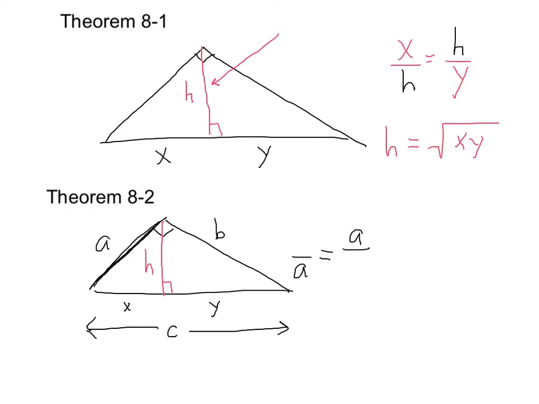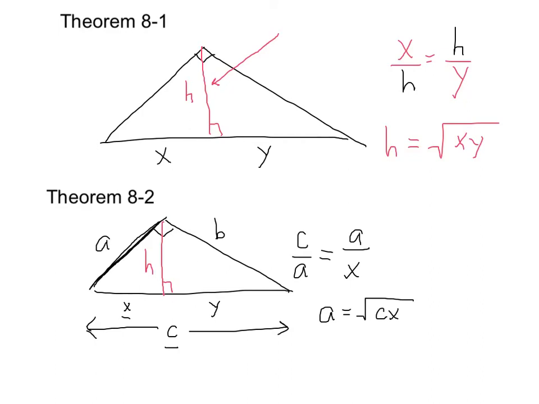It's the geometric mean between the hypotenuse and the little part of the hypotenuse that's right next to the leg. So if we were to cross multiply and solve, or use our shortcut, the length of A is equal to the square root of the product of C and x. And that's just a theorem, and we're not proving a lot of the theorems in here, we're just taking them as true. It's another relationship that right triangles have, in addition to a squared plus b squared equals c squared, which we'll hit a lot more later.